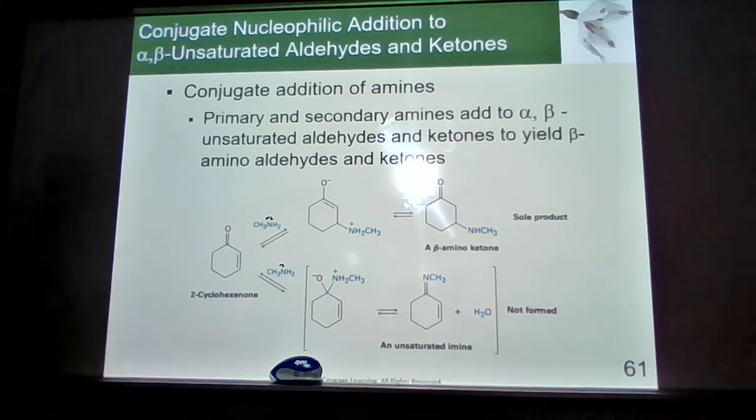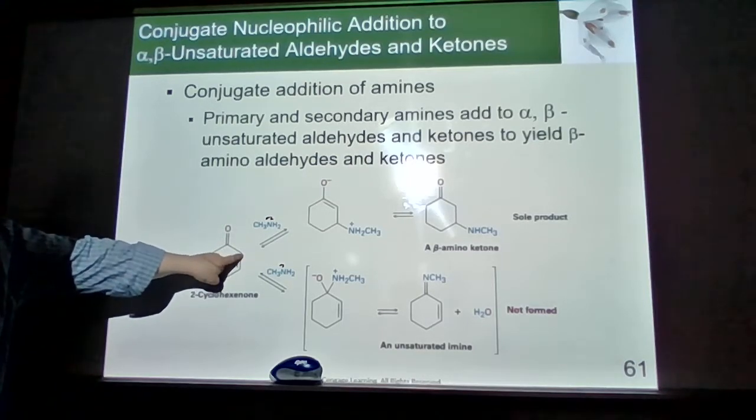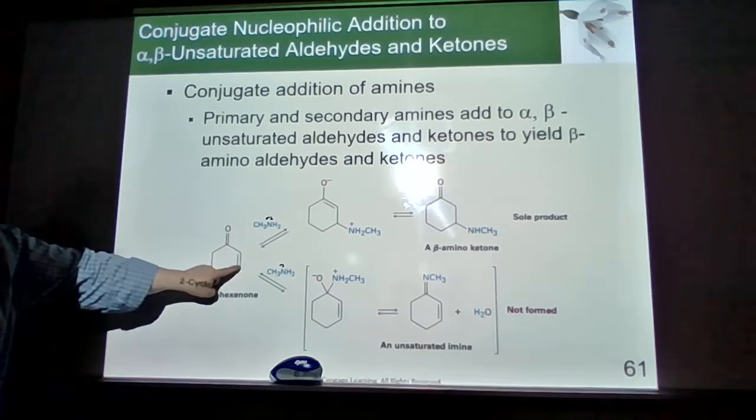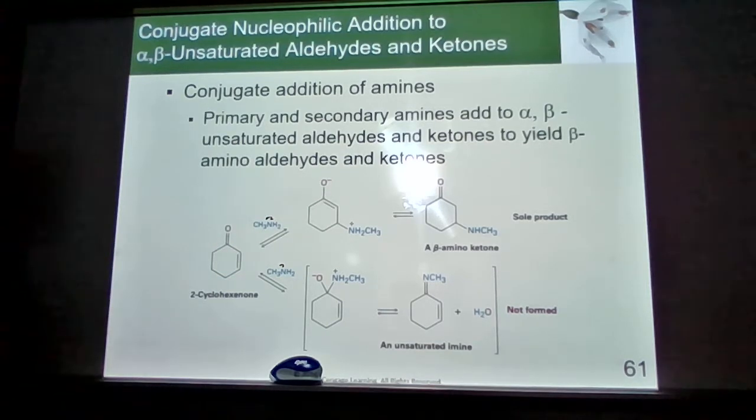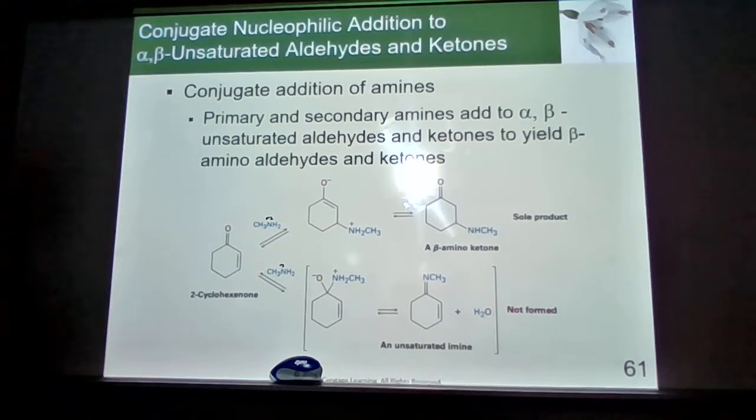You have this alpha beta unsaturated ketone, C double bond O. This carbon is directly bonded to the carbonyl, so this is an alpha beta unsaturated carbonyl containing compound. Primary or secondary amines add to alpha beta unsaturated aldehydes or ketones to give you beta aminoaldehydes and ketones.